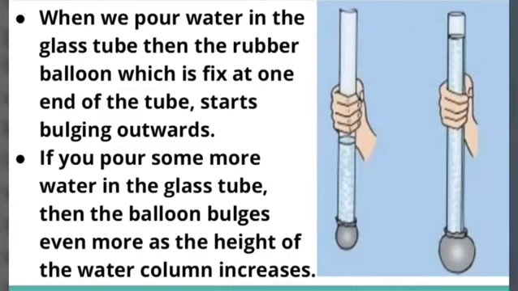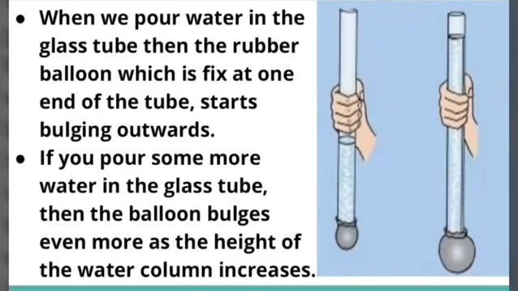Then hold the glass tube with the balloon facing downwards and put some water into the glass tube. By doing this, you will observe that the balloon starts bulging outwards.